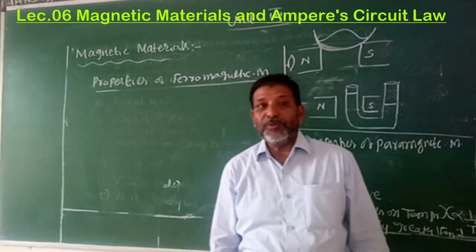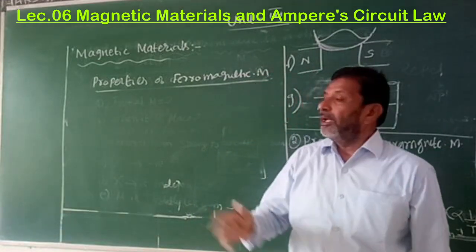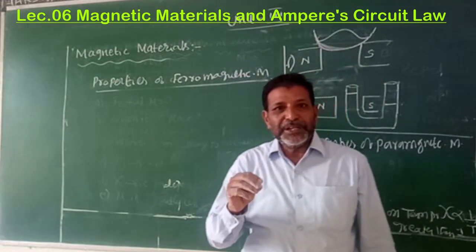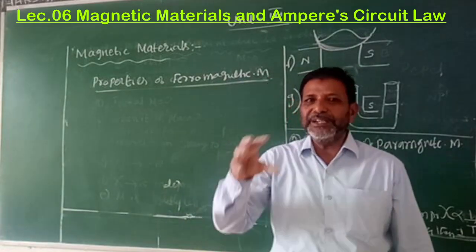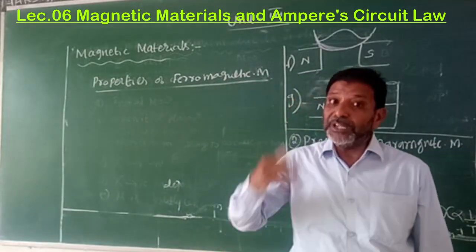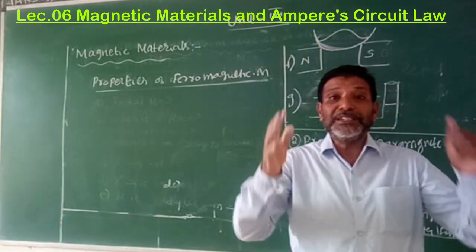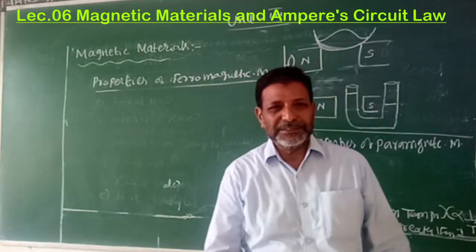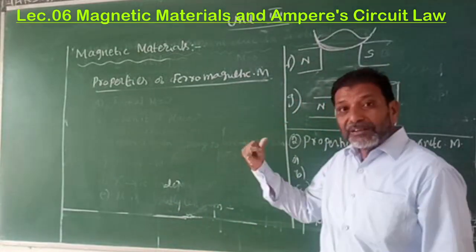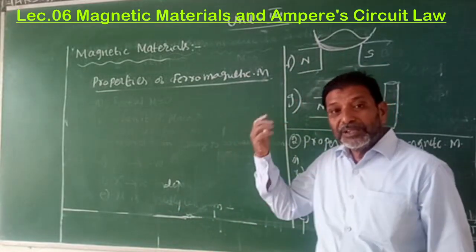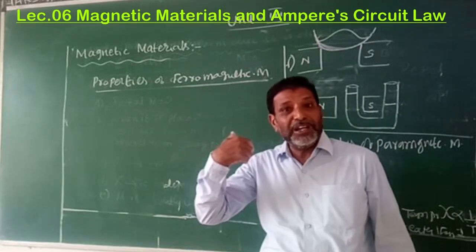Like in the case of the paramagnetic material, we observe it has some initial dipole, initially some magnetic moment, but here it has a much greater one. Then it is weakly attracted, whereas the ferromagnetic material is strongly attracted.